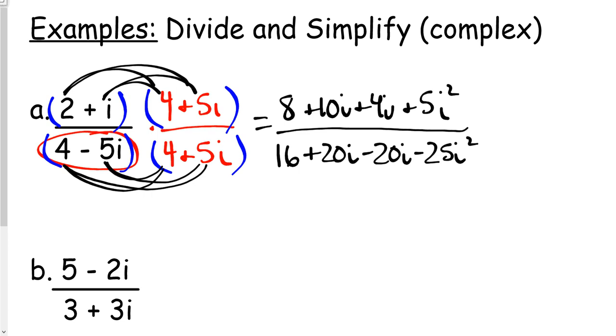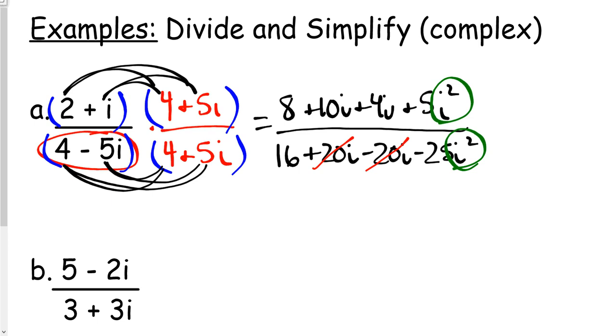So as I go through and simplify and combine my like terms, over here in the numerator I've got some i squareds, and it looks like I've got one in the denominator as well. Those are going to do something. I've got some conjugate things happening in the denominator, where positive 20i and negative 20i are inverses and just undo one another.